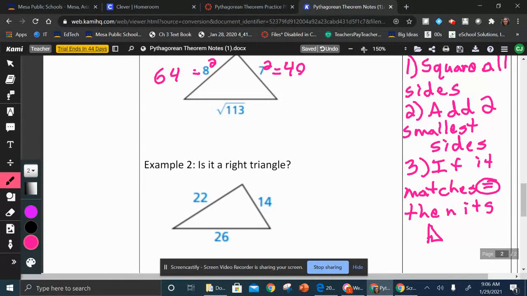When we square a square root, it just becomes that number. Everybody remember the square root is to the half power. So 1/2 times 2 is going to equal 1.